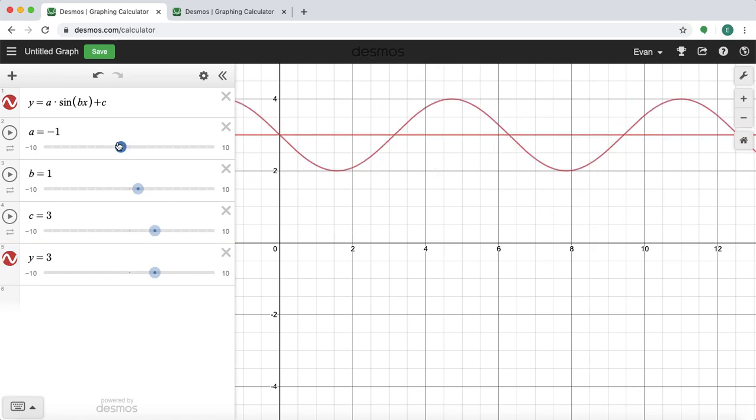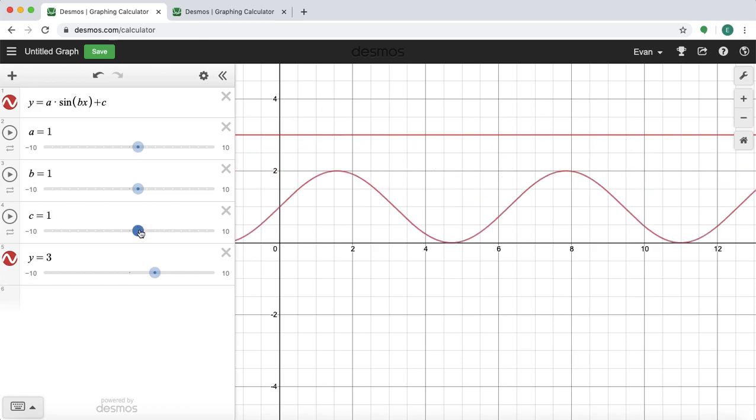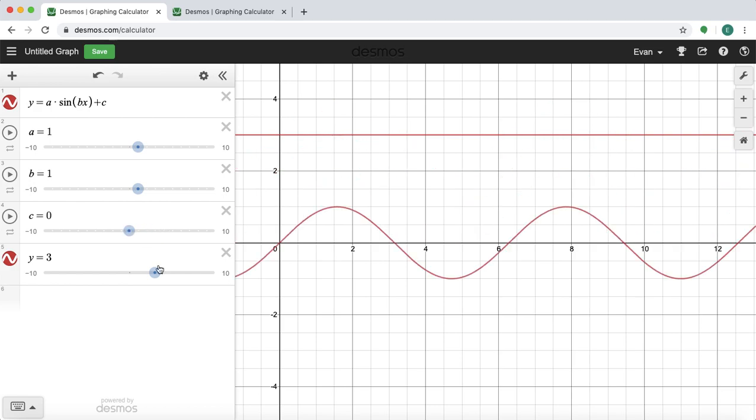So it all just depends on where the middle of our sine function is. That's where it reflects. But in short, it just flips the maximums and the minimums. If it was a maximum, now it's a minimum. If it was a minimum, now it's a maximum. And that's all important because you have to track all these changes, because once we start changing B, it's interesting to see what occurs.